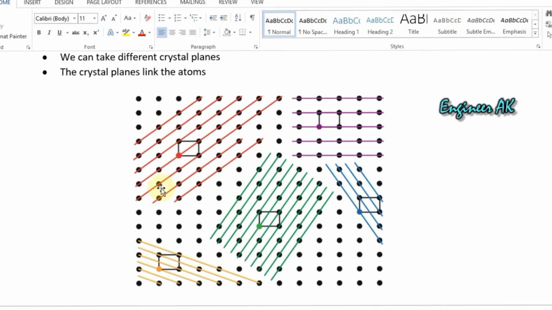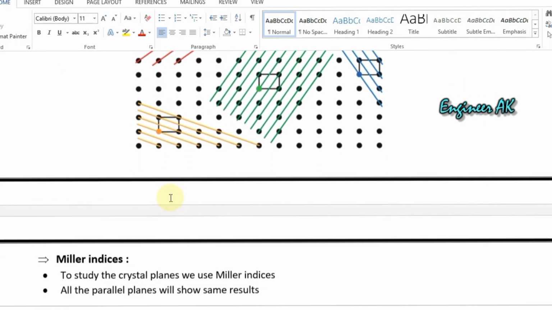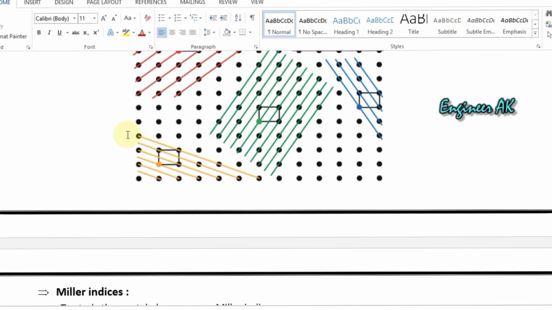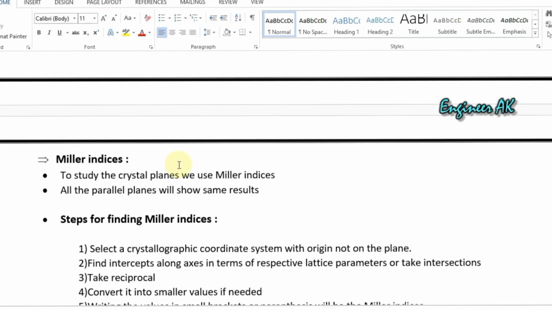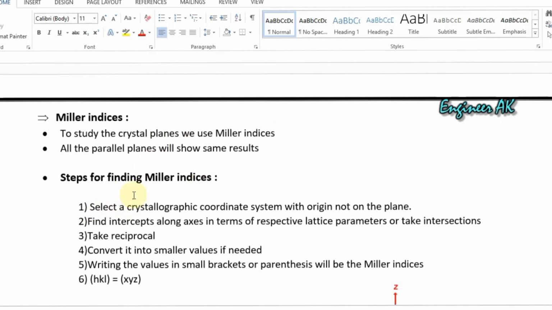The Miller indices of this plane, this one, this one, and so on, all the parallel planes will give the same Miller indices. So if we study only one plane, all the planes parallel to it will give the same results. There are some steps in order to find the Miller indices.